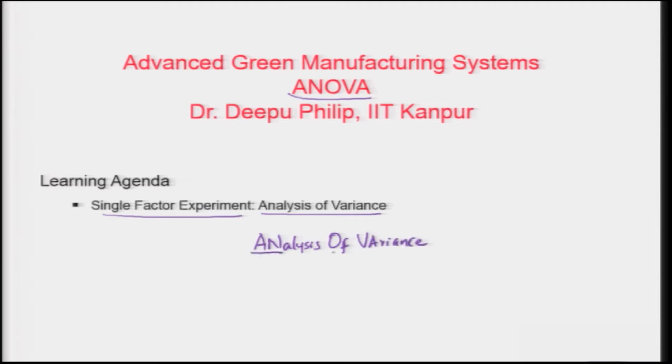Whenever somebody says they are doing ANOVA, they are analyzing the variance. Today we are talking about the single factor experiment, how we focus on one factor and how the experiment is done. The first thing we need to study today is complex experiments, not the simple experiments.